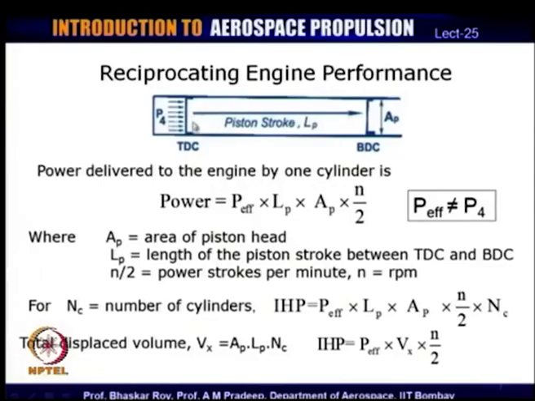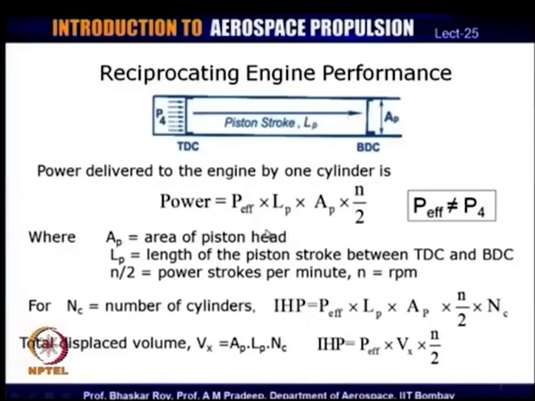Now, the power delivered by one cylinder is often given by this simple relation, which is power is equal to P effective into the power stroke into the area of the piston into n by 2, being the power strokes per minute, where n is actually the RPM or the rotary motion of the crankshaft.